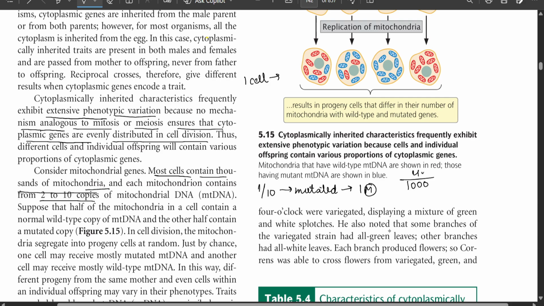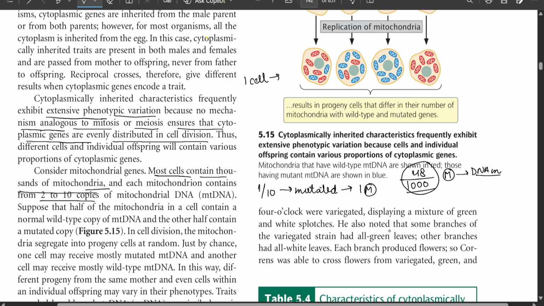Now there are such thousands of mitochondria. Suppose we say 48 out of those 1000 mitochondria have these mutated DNAs. So we never know, and the segregation is always random. We don't know which of these 1000 mitochondria will go into the progeny or into the zygote. So some of them may be mutated.